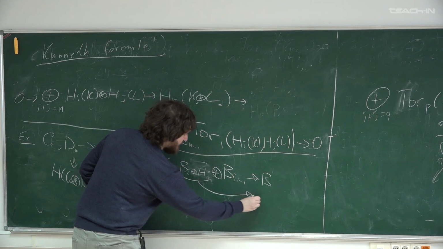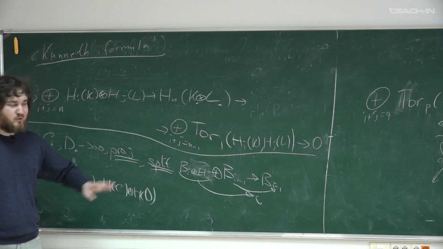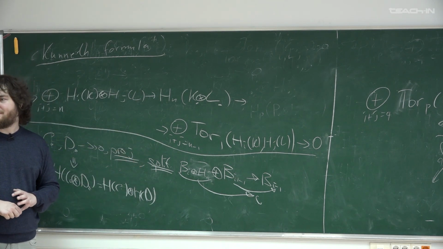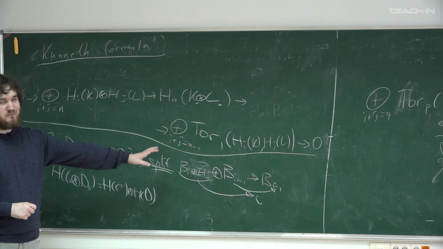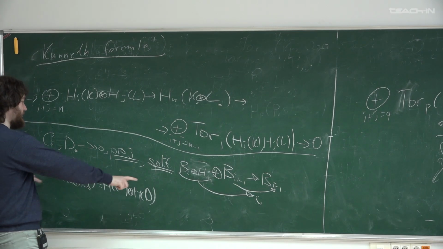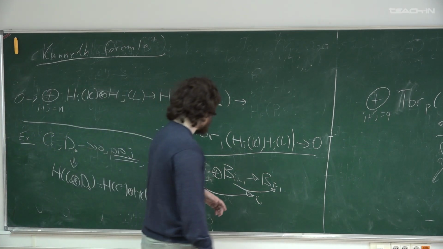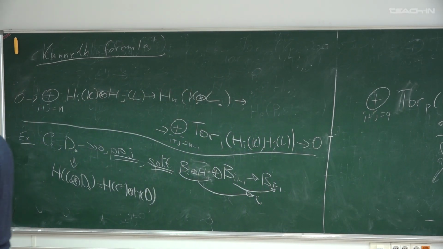And this goes to 0. This goes identically to this one. A chain complex with differential of this form. All my modules are direct sums, and the differential acts by this rule. And all these modules are projective. It's equivalent to say that this module is projective because it's a direct sum of projectives.